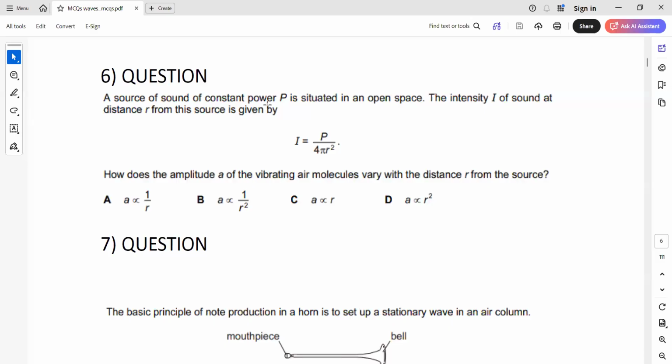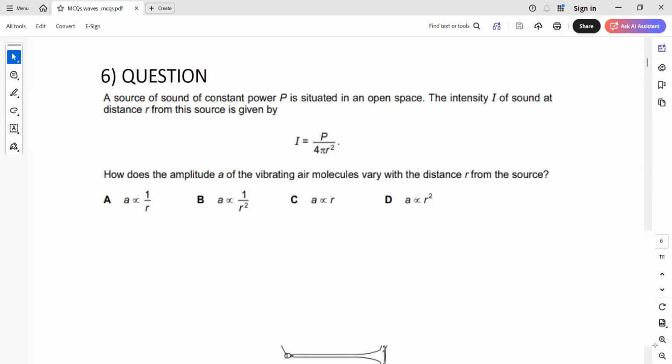You have to recall two things. Intensity, when we define the term intensity, is power acting on unit area, or power on unit area. So intensity is power divided by area.